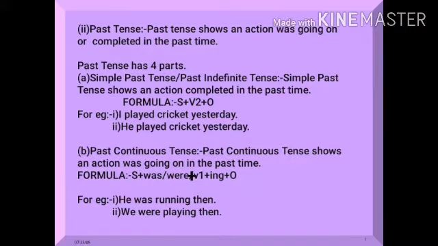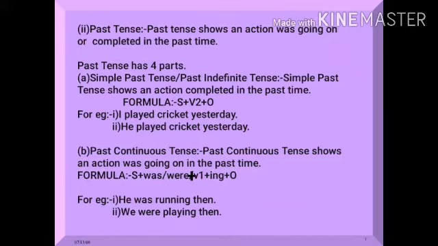After simple past tense, now past continuous tense. Past continuous tense shows an action was going on in the past time. That means one action was continuing in the past time. Now formula: subject plus either was or were according to the number or person, plus V1 plus ing plus object.